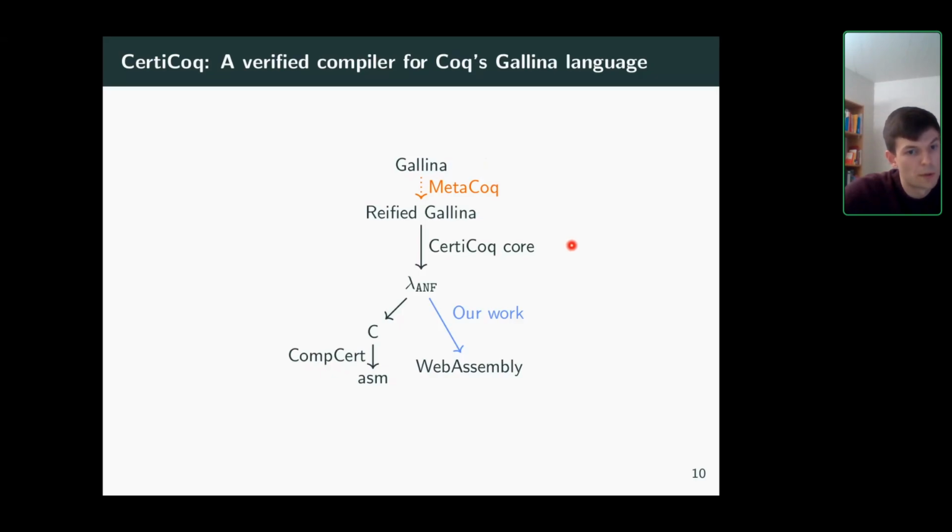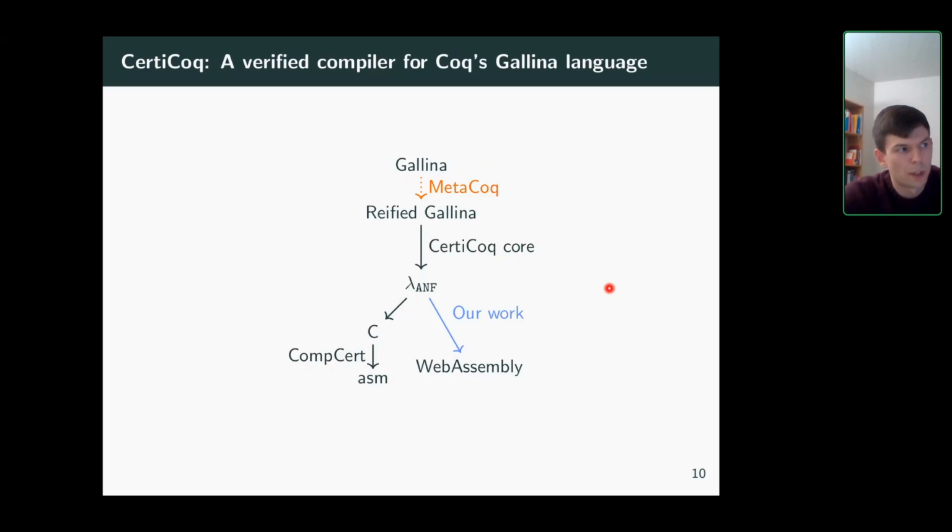various transformations with various intermediate languages that I summarize here as CertiCoq core. This includes some optimizations on the lambda level as well. And finally, CertiCoq generates C code from this final lambda language. Now, all of these steps are verified.